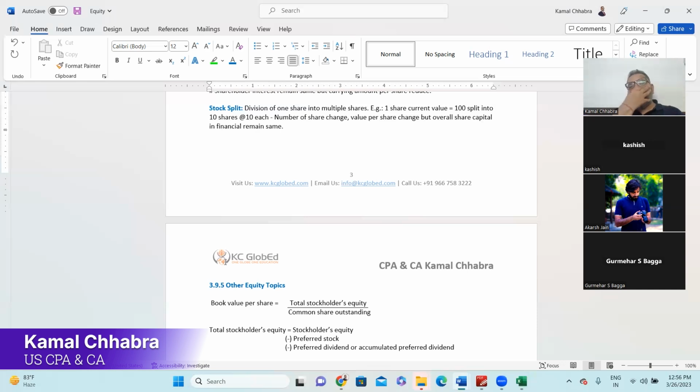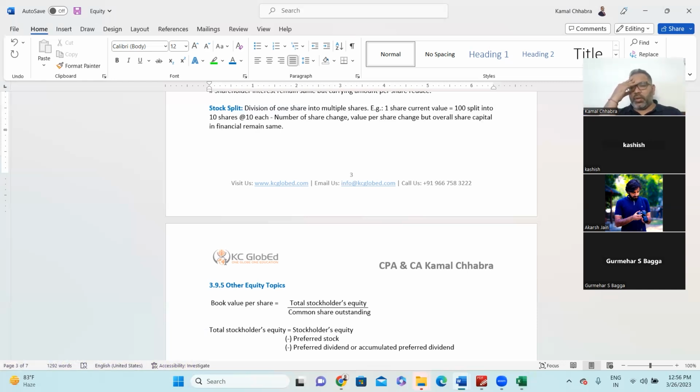Yeah, so one good reason is like which Ayush has shared: sometimes your stock is so heavily priced that normal people find it difficult to purchase in terms of full shares, and part shares are not allowed to be traded. So for that reason, it is always advisable to split the shares so that the number of transactions will be more, right?